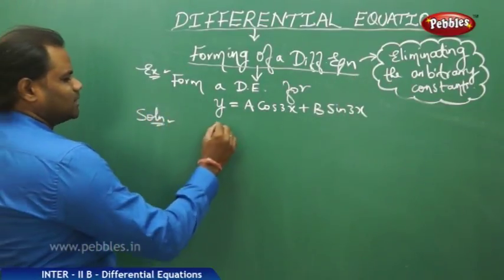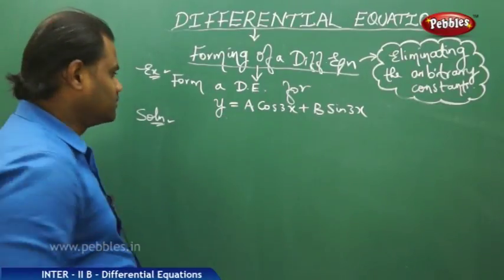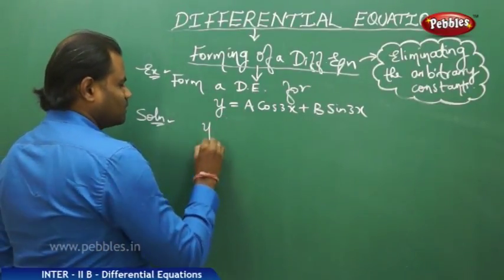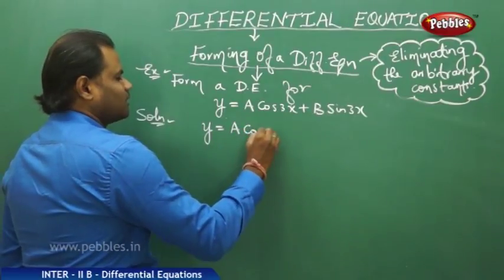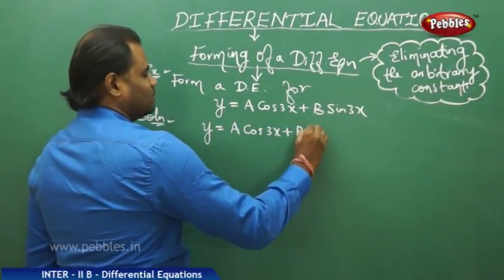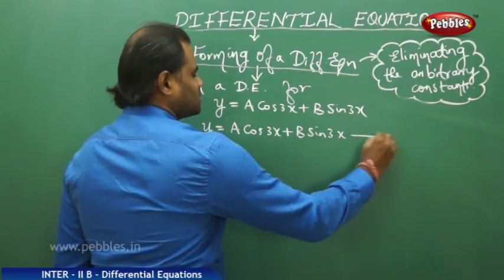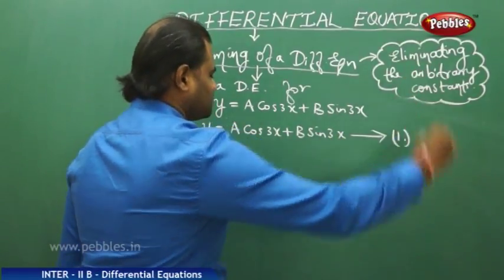So y equals a cos 3x plus b sin 3x is equation 1.